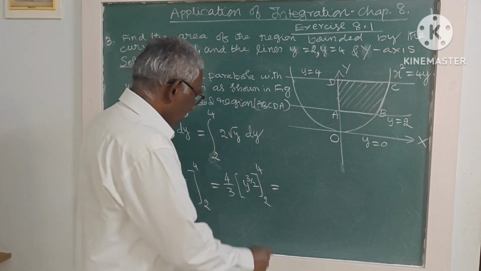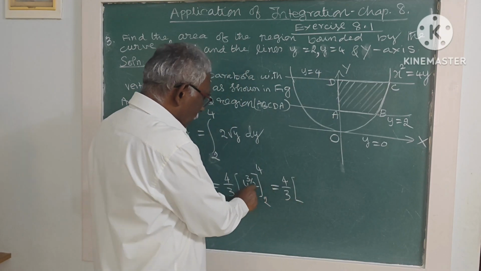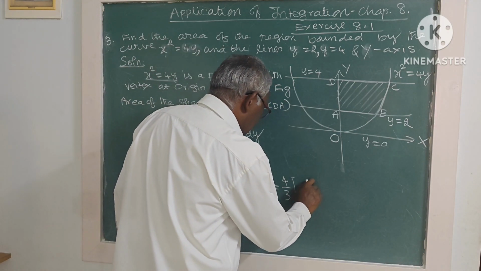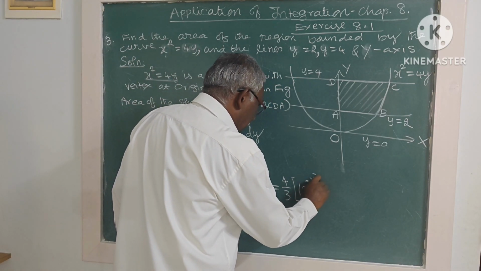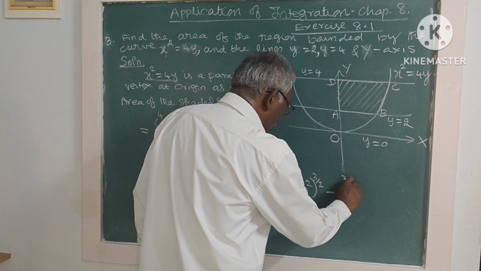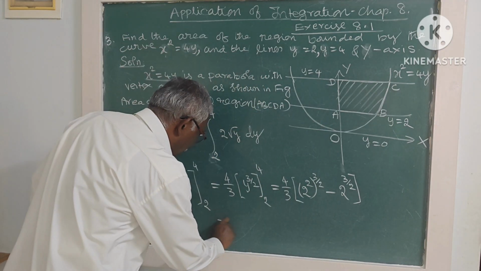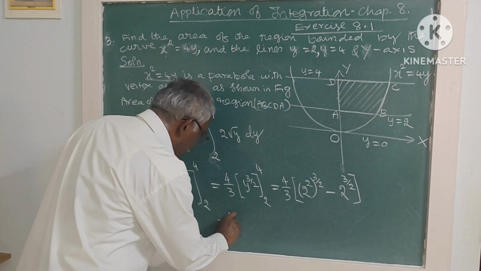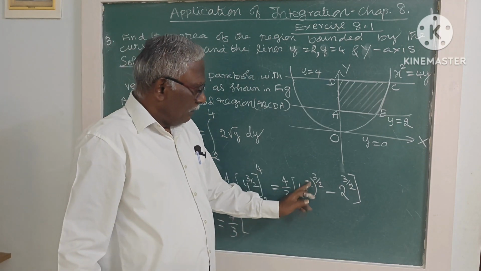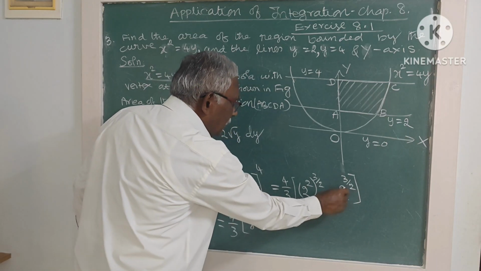Then you can substitute the limits. 4 by 3, 4 power 3 by 2. So you can write 2 square power 3 by 2 minus 2 power 3 by 2. So that is equal to 4 by 3 times 2 cube, 8, minus 2 root 2.